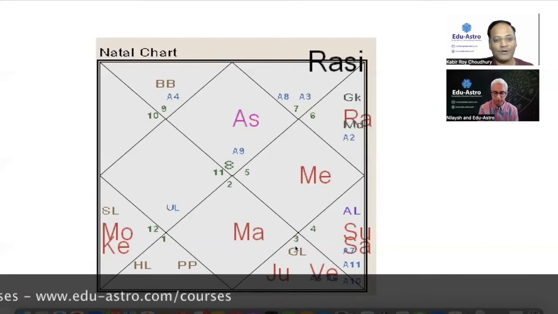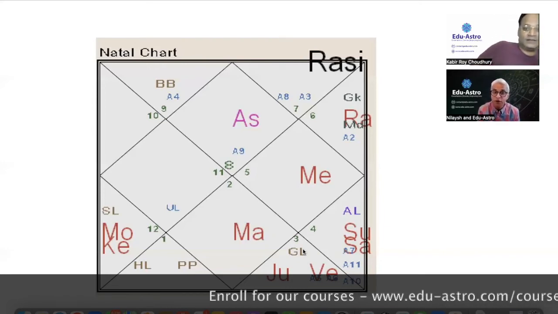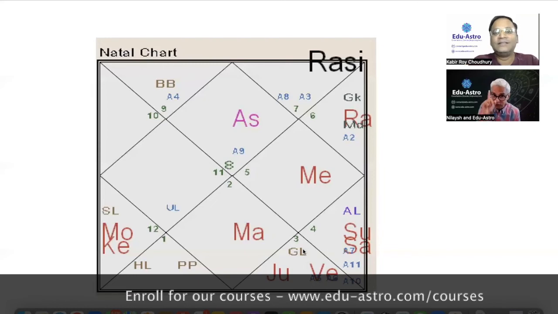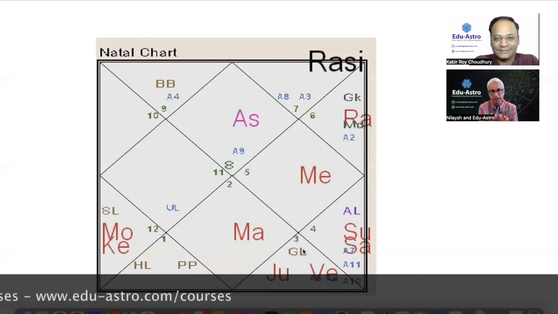Right? Now we also have to understand what this position of 2 and 12 means. So there are many aspects we also have to consider when making a prediction, apart from just looking at one house and one planet. Here we are not right now looking at the 12th lord, because we are focused on marriage, married life and spouse.